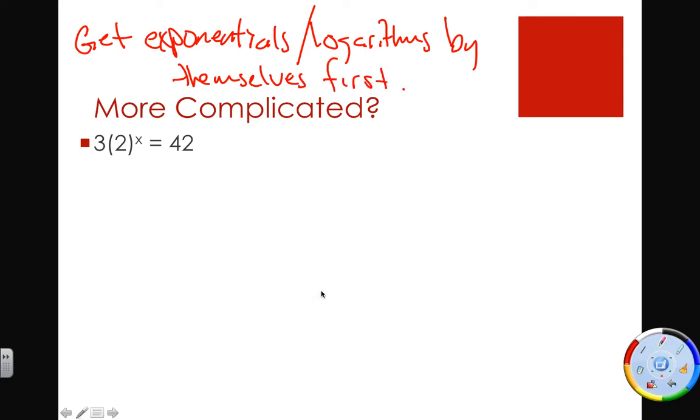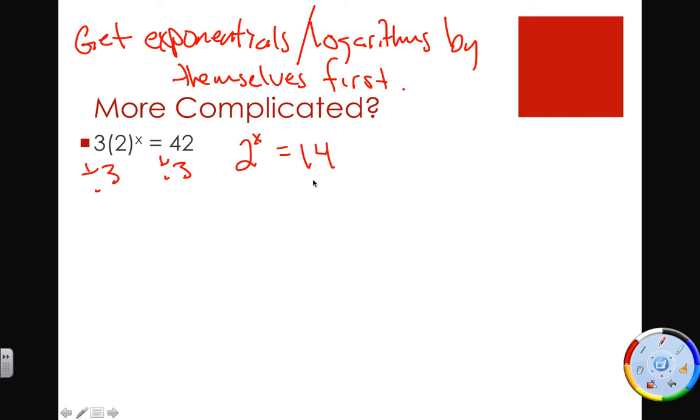That's very important for a lot of the problems. Not every single one, but especially this one. The 3 has nothing to do with the exponential piece right now. So I'm going to divide both sides by 3. And I'm going to get 2 to the x power equals 14.